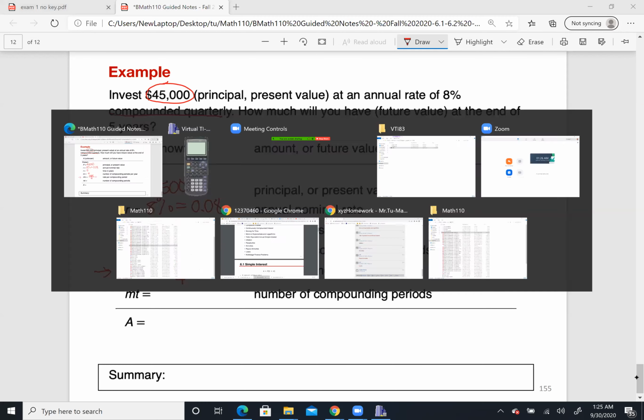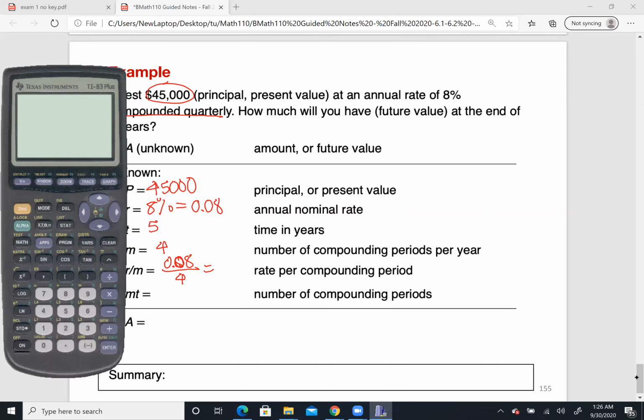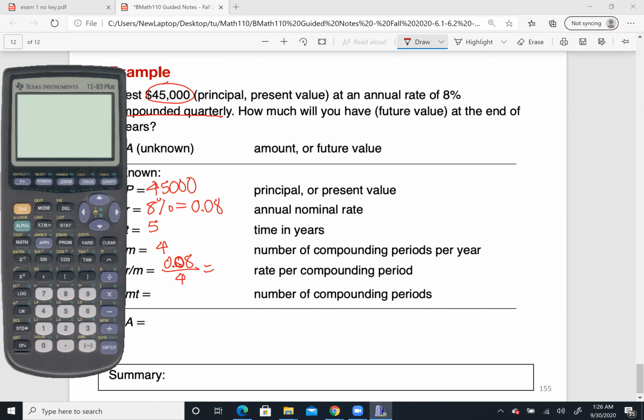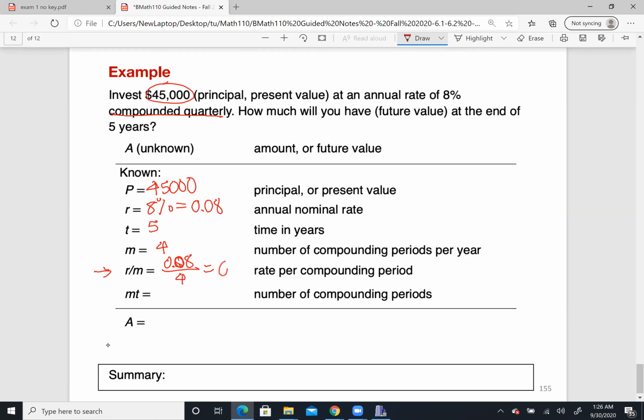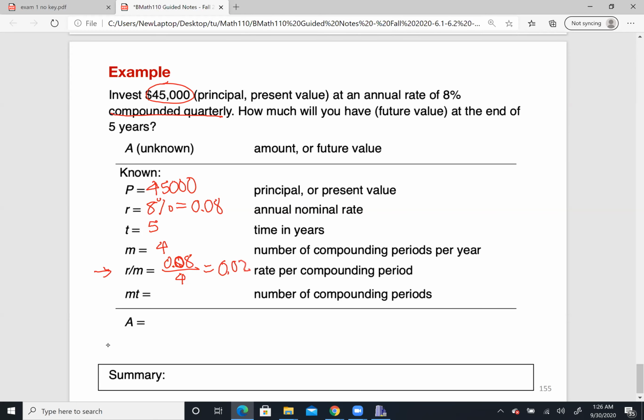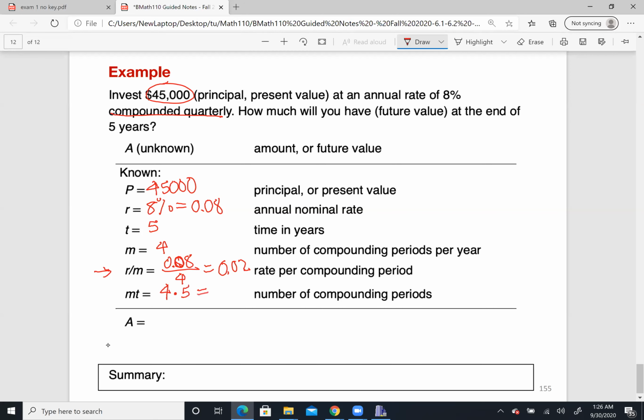Use the calculator: 0.08 divided by 4 and enter. I have 0.02, right? And then m times t is going to be 4 times 5, and then you're going to have 20, right?